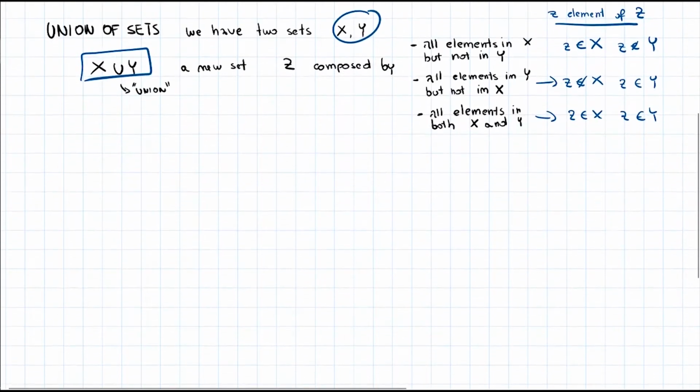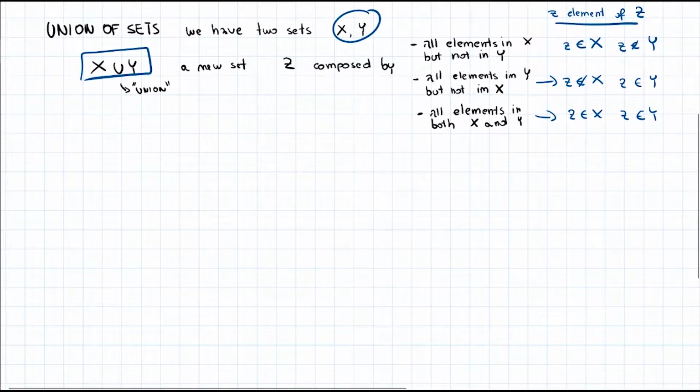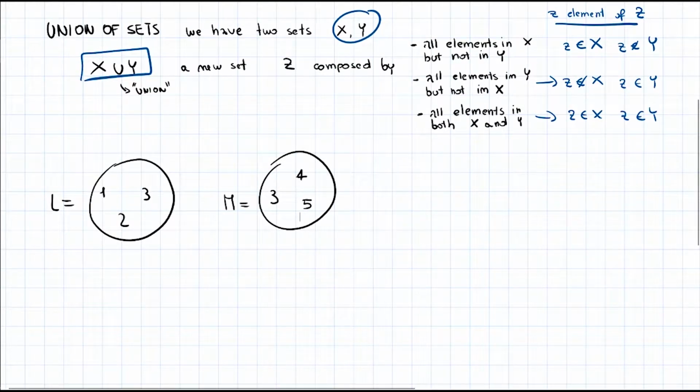So let's do another example. We have the set L, which is composed by 1, 2, and 3, and the set M, whose elements are 3, 4, and 5.